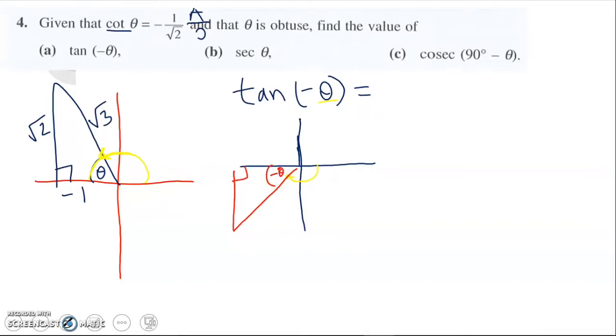So if you ask yourself, what are the ratios for negative theta? That would end up being negative square root of 2. Hypotenuse is square root of 3, and we have negative 1. And now finding tangent negative theta is pretty easy. You just do opposite over adjacent. Opposite over adjacent would just end up being square root of 2.